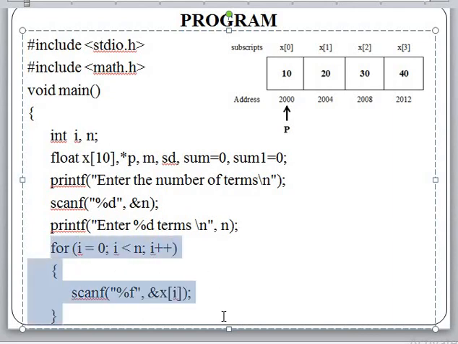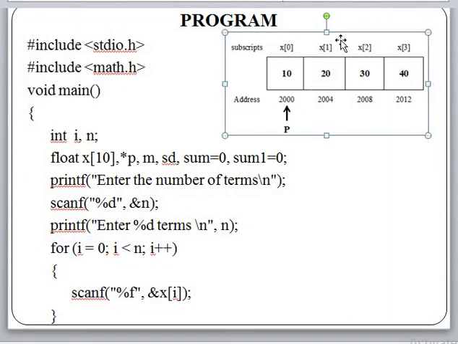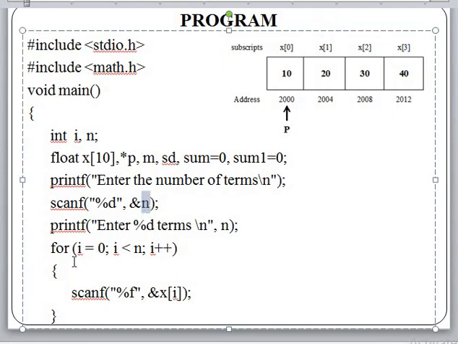Now this loop is executed to read the values x of 0, x of 1, x of 2 and x of 3. In our example n equals 4, so there are 4 elements: x of 0, x of 1, x of 2 and x of 3. So 4 elements can be read based on our value n equal to 4.